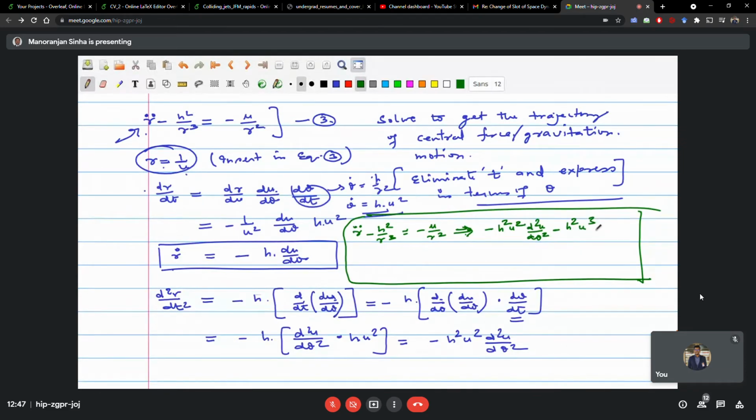And on the right hand side we will have minus mu by r square, so this becomes minus mu u square, since 1 by r square is u square.